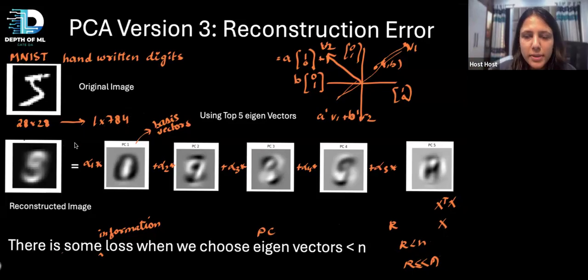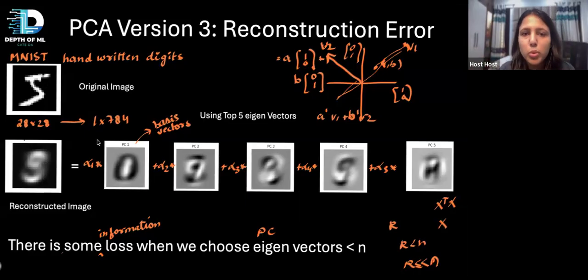But I chose to represent my images using only 5 principal components, only 5 features, right? So in that case, there will be some associated loss with it, because you will not get a perfect image like this, unless there was some redundancy in the data. MNIST doesn't have that redundancy. So whenever we are reconstructing with fewer dimensions, we are getting some error. Okay. So that information loss.